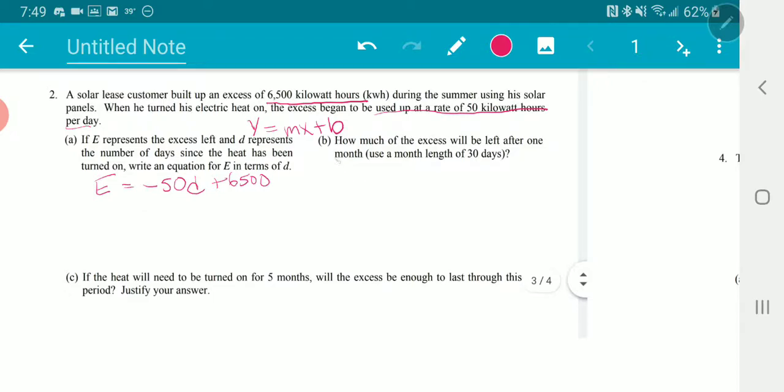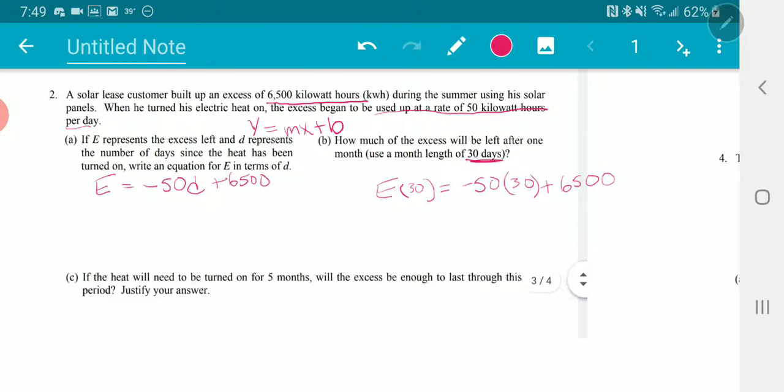For part B, how much of the excess will be left after 1 month? So use a month length of 30 days, because again, our equation is in terms of days. So they're giving us the time. They're telling me my D is 30. So E of 30 equals negative 50 times that 30 plus 6,500.